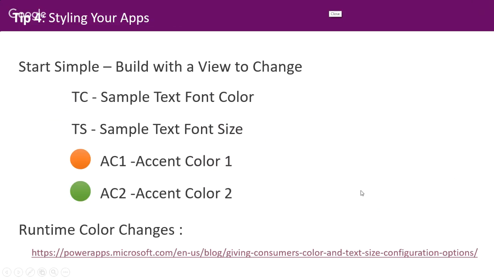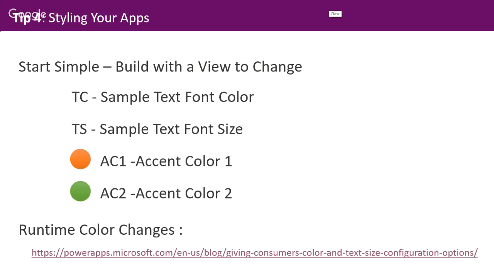And then next, remember, you can style your apps just like you can style a PowerPoint or a Word document. You can style a Power App, and this will get better over time. But this is the tip that I'm giving you. I've used this tip. It's helped me to edit better because I build with a view to change, because there's nothing guaranteed as solidly as change, right? So you'll build your app today and it will change. Build with a view to change, and change will be easy.